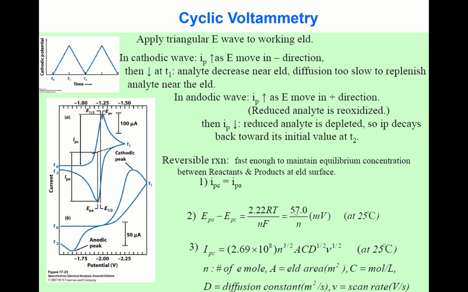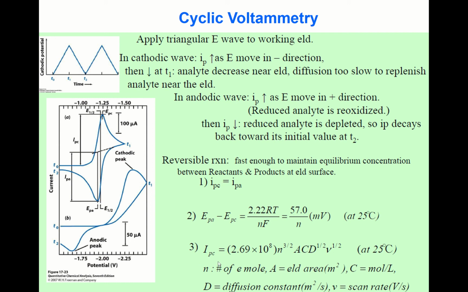Okay, yeah, you understand? And there is a theory that dictates the peak current. For example, this peak cathodic current is given by this equation. Wow, this is very complicated.